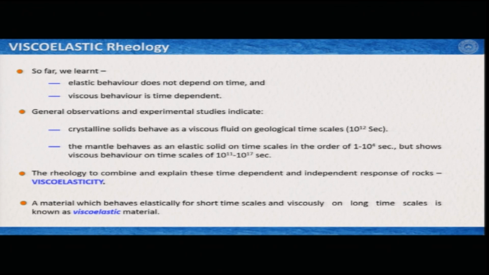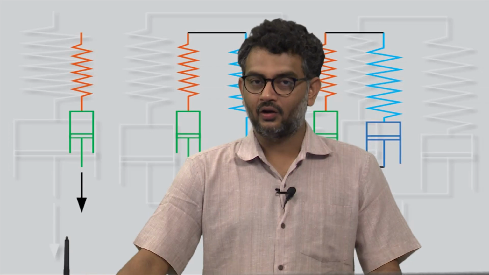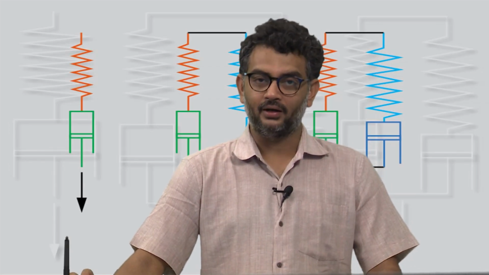In the previous lecture, we learned that elastic behavior is not time dependent, that means it does not depend on time, and we also learned that viscous rheology is time dependent, it is strain rate dependent. Now, we have to combine these two observations, that elastic rheology is time independent and viscous rheology is time dependent.